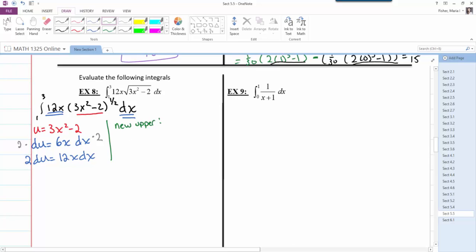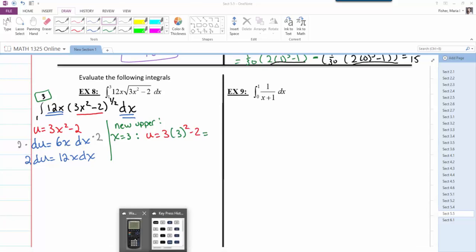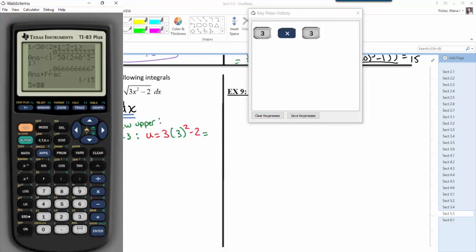I would say, okay, my current upper limit is 3, so x equals 3. In terms of u, that would be u equals whatever 3 times 3 squared minus 2 is. So 3 times 3 squared minus 2 on a calculator, you end up with 25.